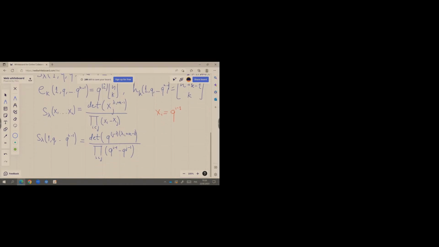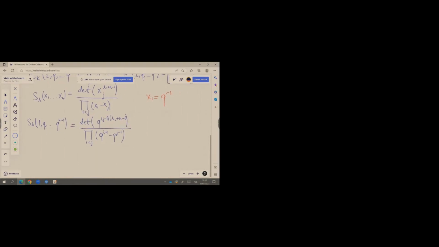So maybe let's look at some example here at the margins. Let's take the 3 by 3 one. So x1 to the power lambda 1 plus 2, x2 to the power lambda 1 plus 2, x3 to the power lambda 1 plus 2, x1 to the power lambda 2 plus 1, etc., x1 to the power lambda 3.